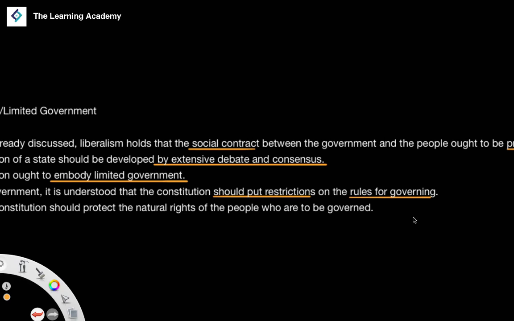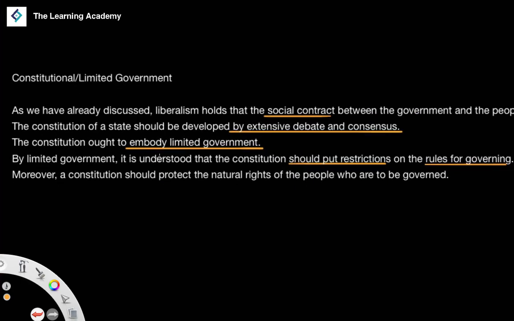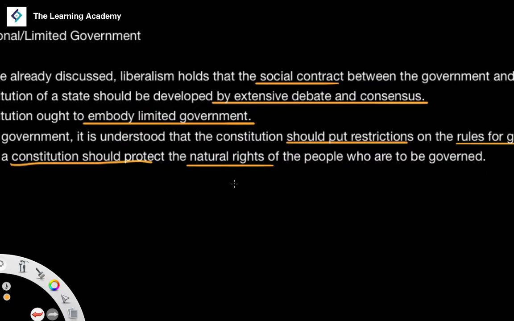That's what the constitution of a state will do: it will limit how much power a government has. Moreover, a constitution should be in place to protect the natural rights of the governed. And this is what we find in things like the United States, so the US Bill of Rights, for example.